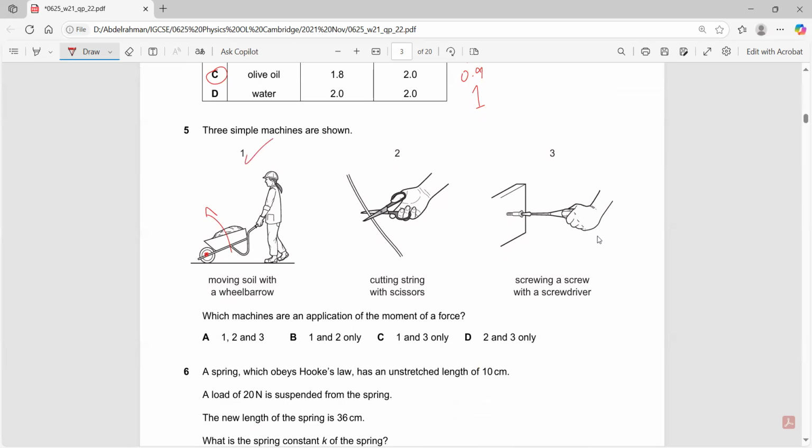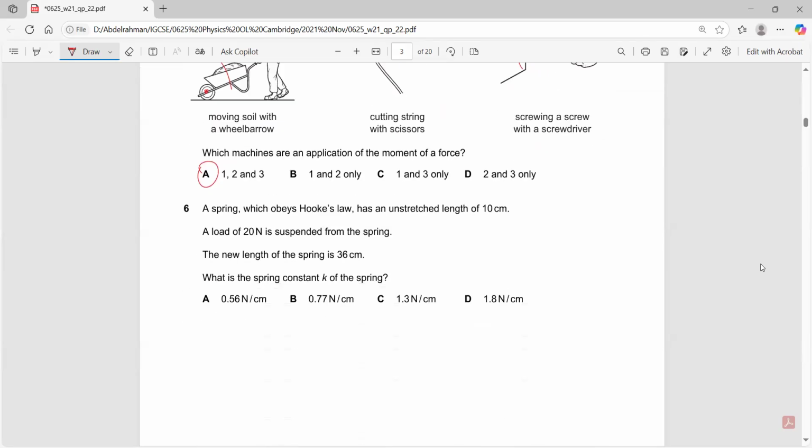So 1 is correct. 2, is it correct? Scissors. Yes, it does. Where is the pivot? This is the pivot, right? He's applying a moment. So yes, there is a moment. There is a turning effect. How about 3? Screwing a screw. Is there a turning effect? Yes, it is rotating. So 1, 2, and 3 are all correct.